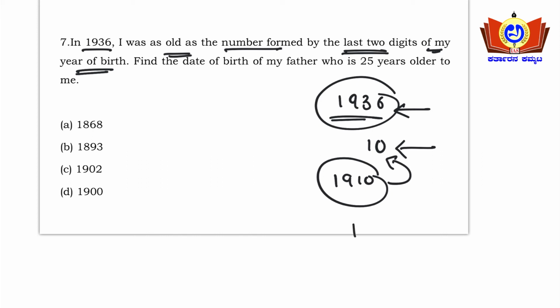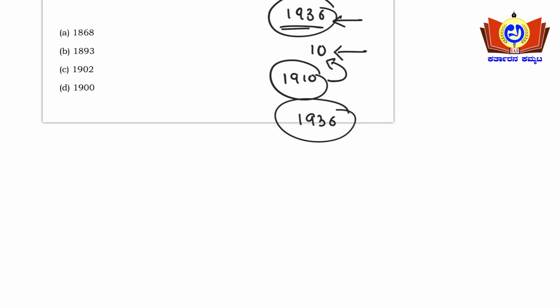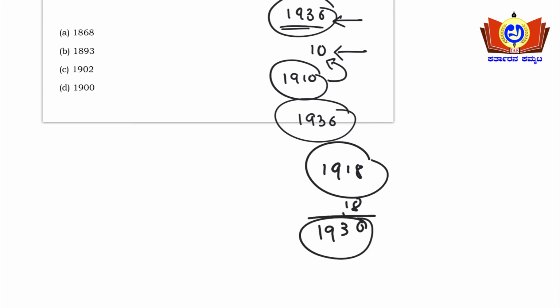Okay, in 1936, if he is 18 years old, then he was born in 1918. After 18 years, 18 plus 18 is 36. So this condition is satisfied, my dear friends. When you cross check, 1936 minus 18 is 1918.